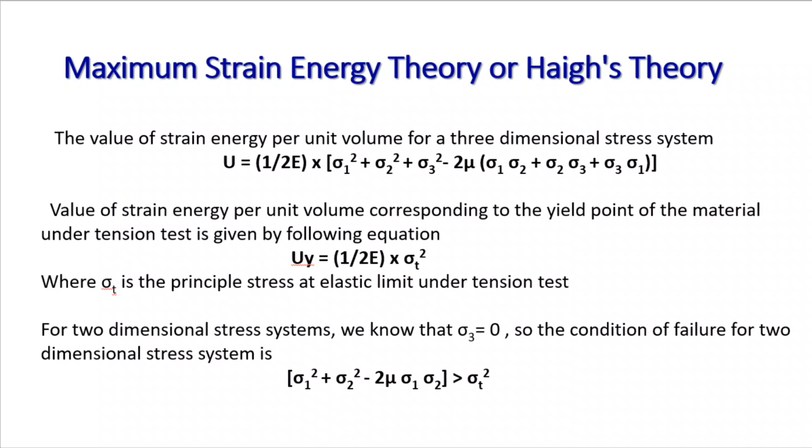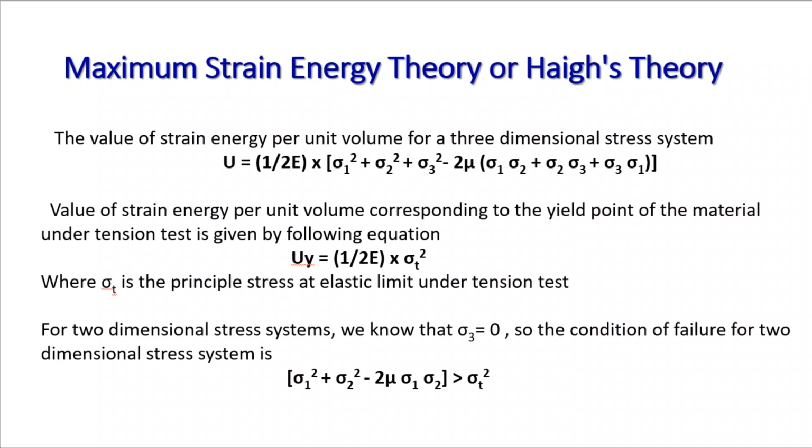So, what is the value of strain energy per unit volume corresponding to the yield point of a material under tension test? Under uniaxial tension also we need to get it for comparison. That is 1 by 2E into sigma t square, where sigma t is the principal stress at elastic limit under tension test.